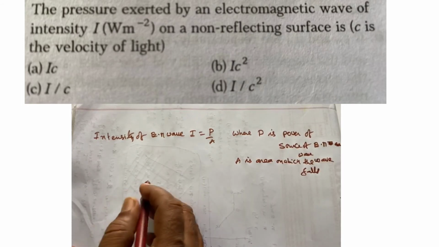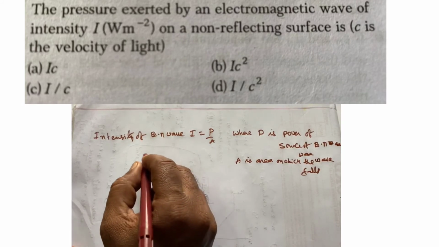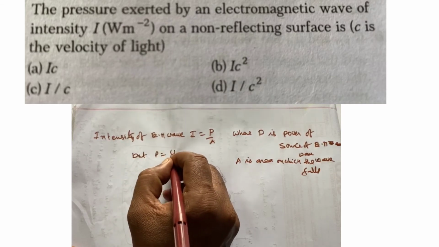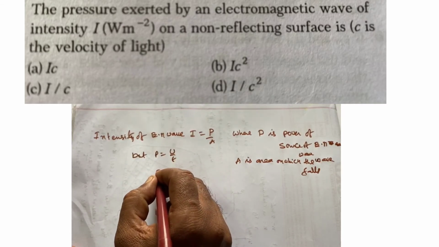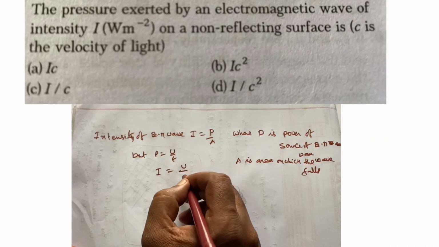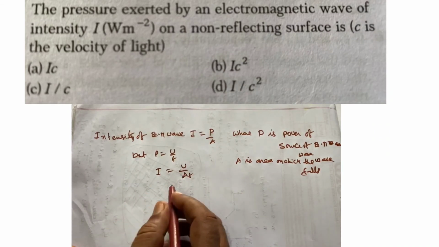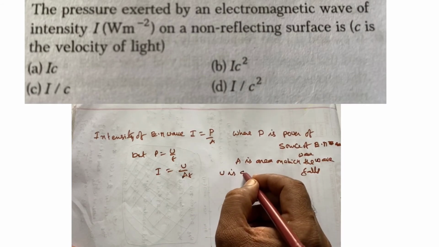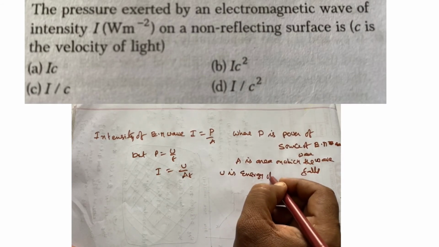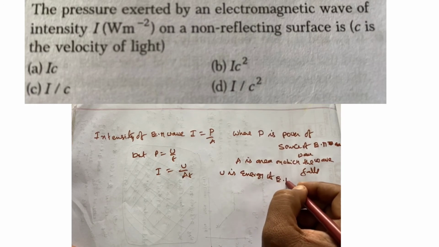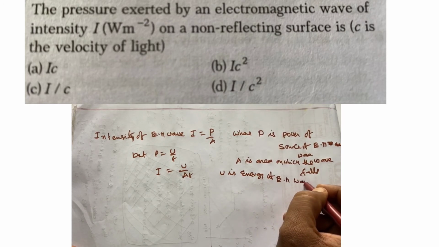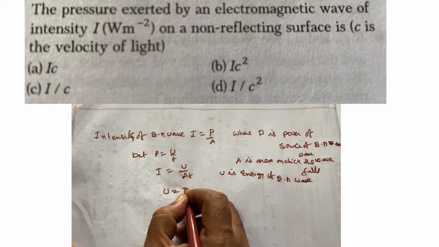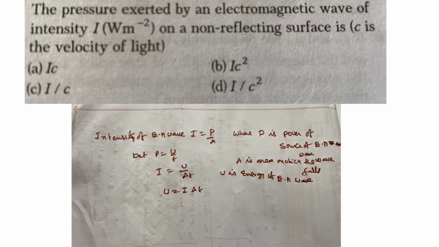But P equals U by T. Then I equals U by AT, where U is the energy of the EM wave. So U equals IAT.